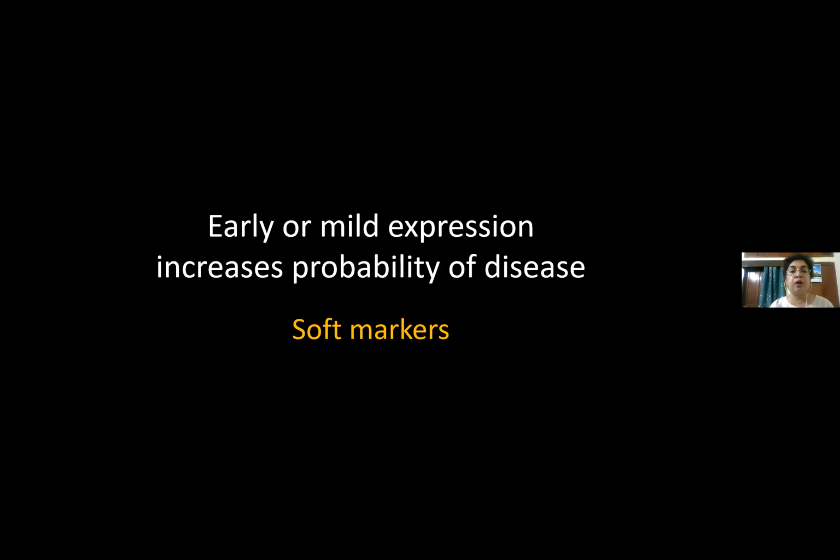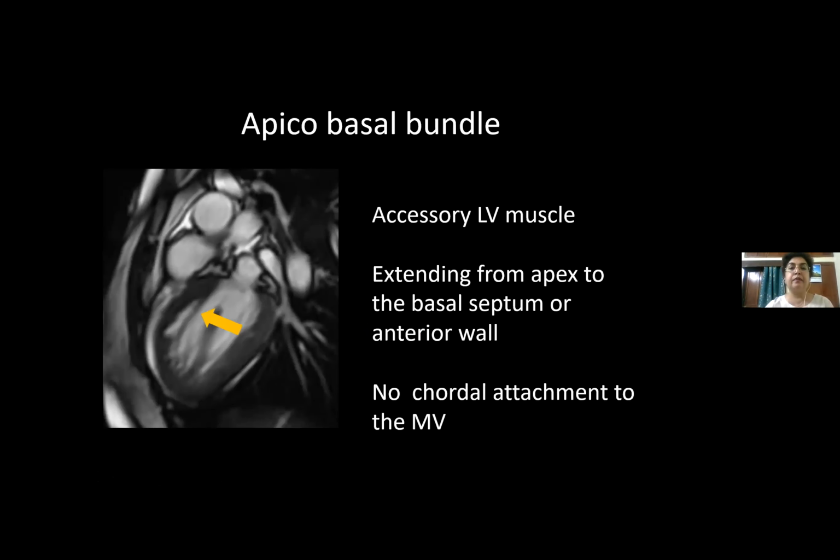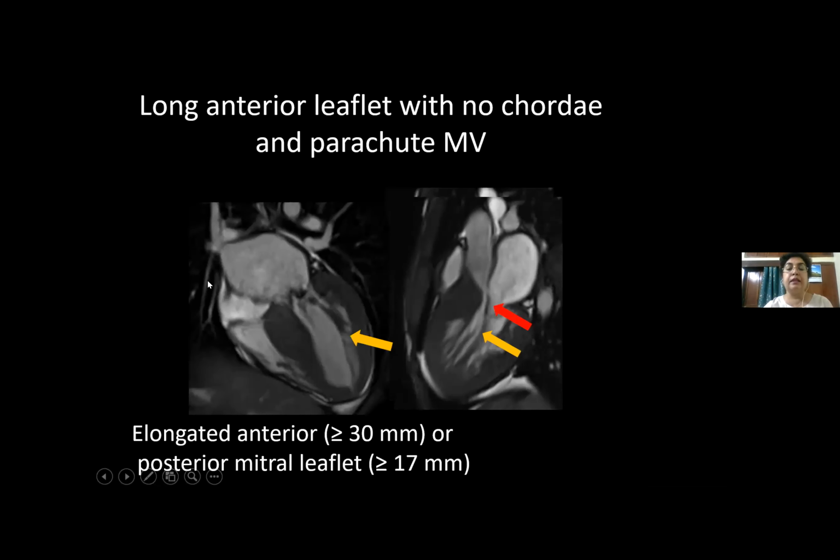There are certain soft markers which may be present in HCM. For example, there could be an apicobasal bundle. There can be abnormalities of the mitral leaflet. So you can have elongated anterior or posterior mitral leaflets.